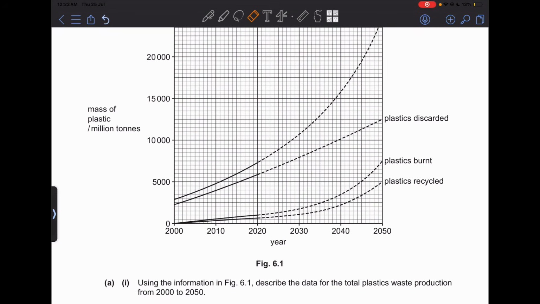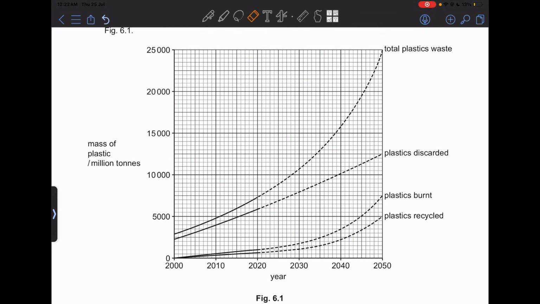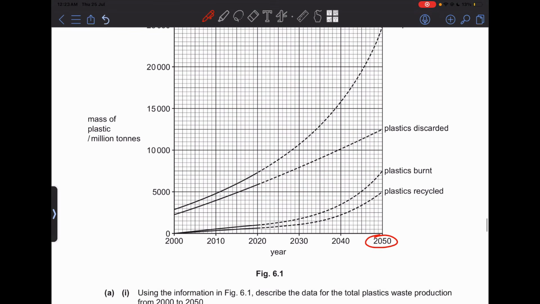And the predictions are also increasing more rapidly than before. As we can see, the predicted total plastics waste is the highest at 2050 over here, and the plastics that are discarded, everything is at its highest at 2050. Of course this is a prediction, it may change.